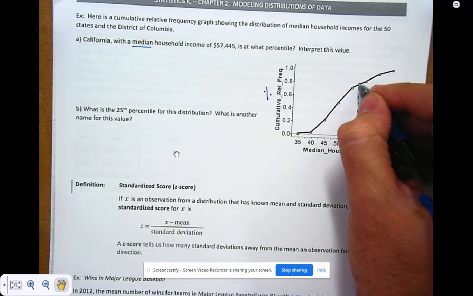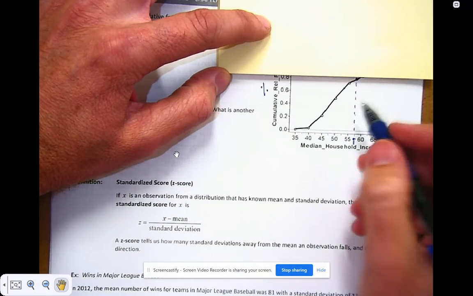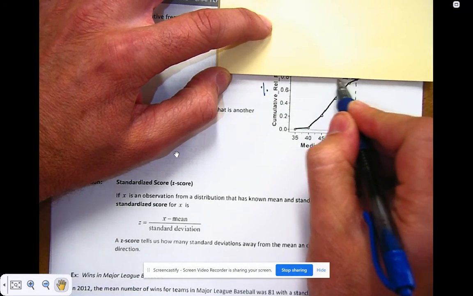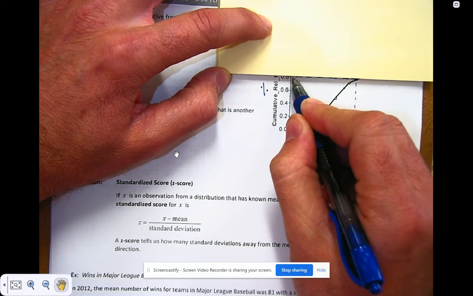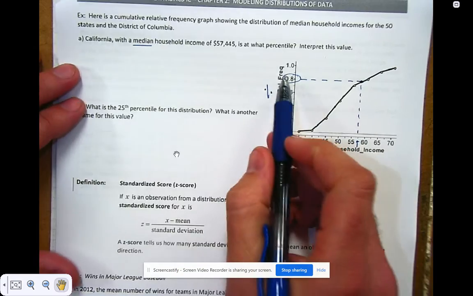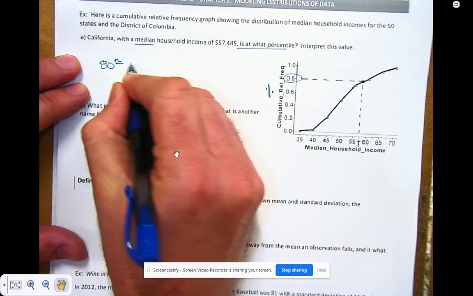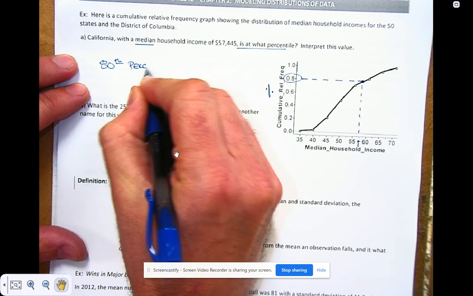And then when you get there, you go straight over, right? Create your box and go straight over to find your percent. And it's super easy to see right there. You're at the 80th percentile.